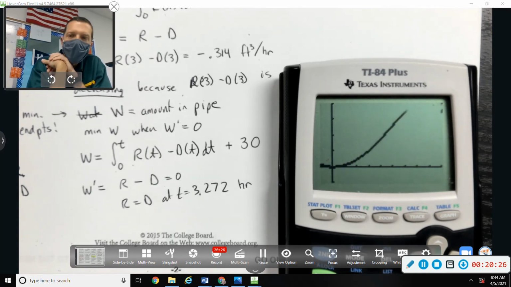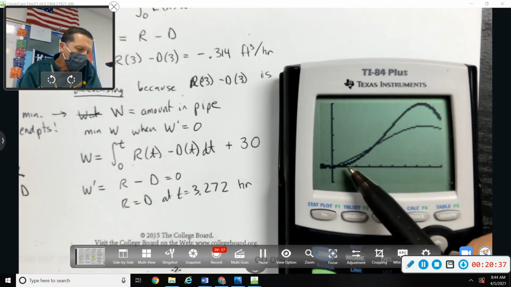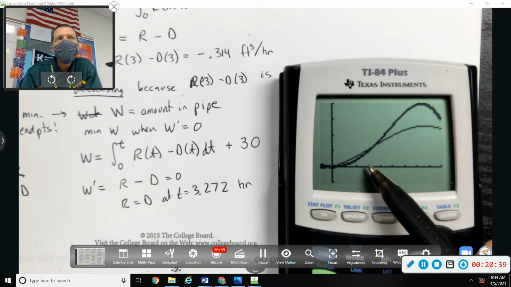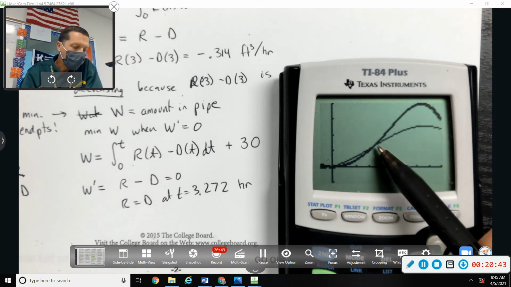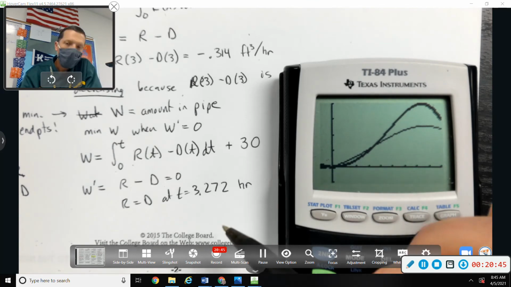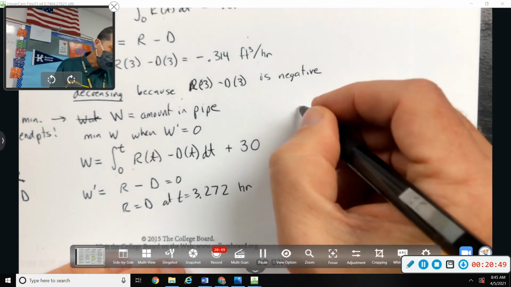So that's the rain going in. There's the rain going out. So up until about 3, there's more going out than going in. After that, there's a whole lot more going in. So I think there will be a minimum at 3.27 whatever. But I just need to do a table of values here.